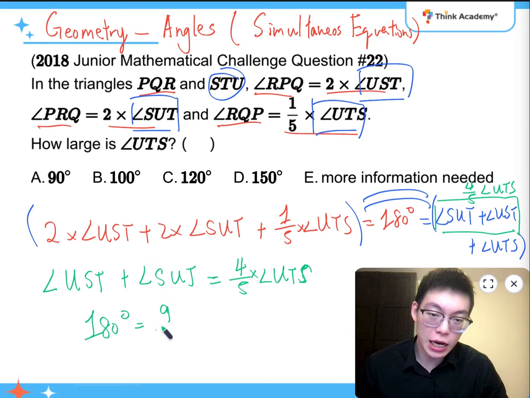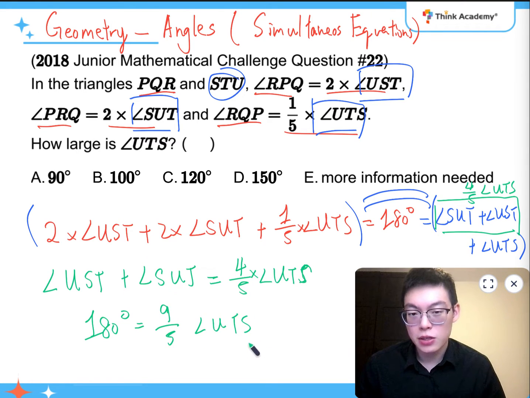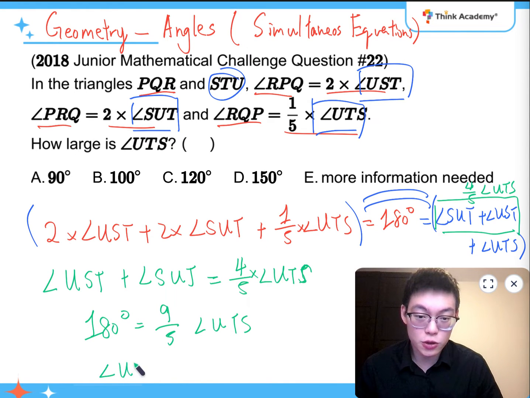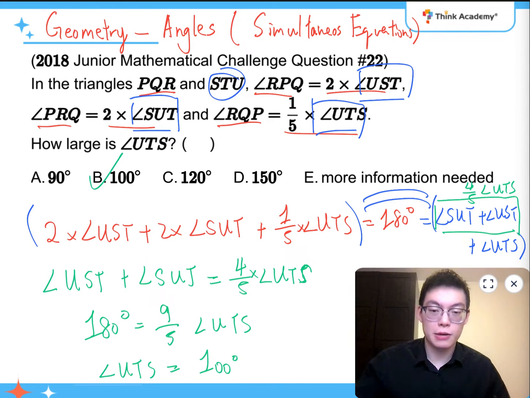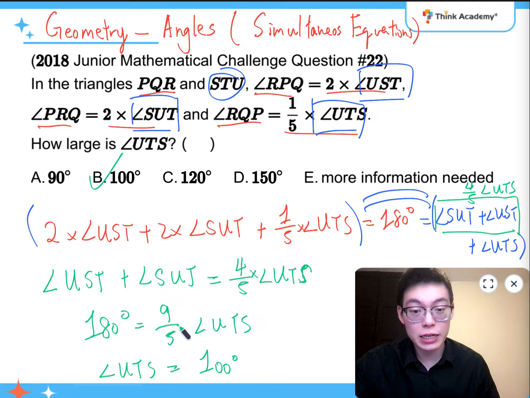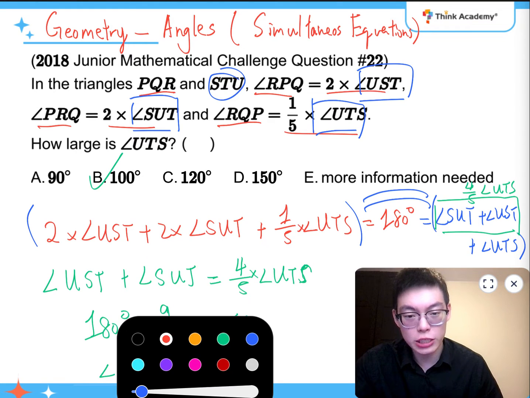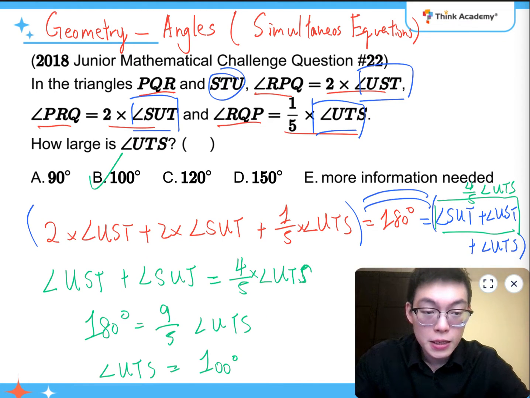That is 9/5 of angle UTS. So now I can just carry on to solve this equation to find angle UTS, which is 100 degrees. All right, multiplying both sides by 5 and then dividing by 9. That's how we can solve a fractional equation. Does it make sense?